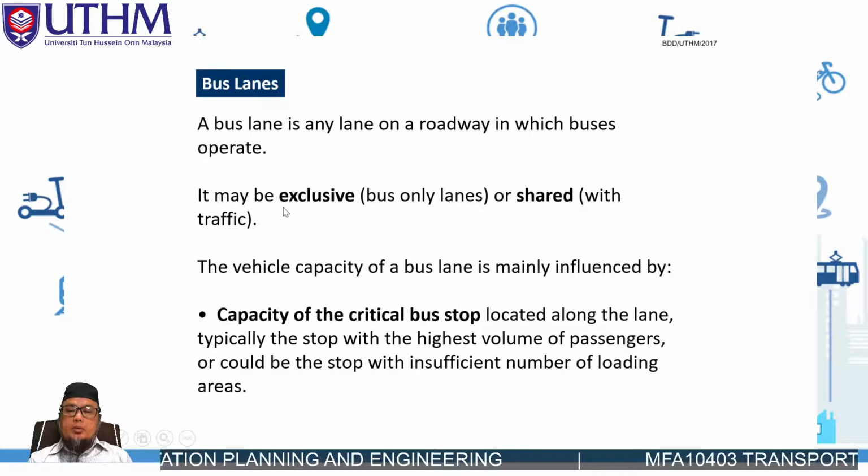The vehicle capacity of a bus lane is mainly influenced by the capacity of the critical bus stop located along the lane. Typically it is the stop with the highest volume of passengers, or could be the stop with an insufficient number of loading areas.